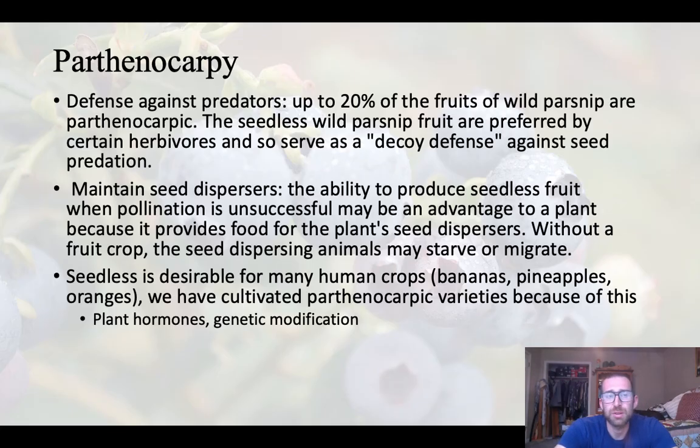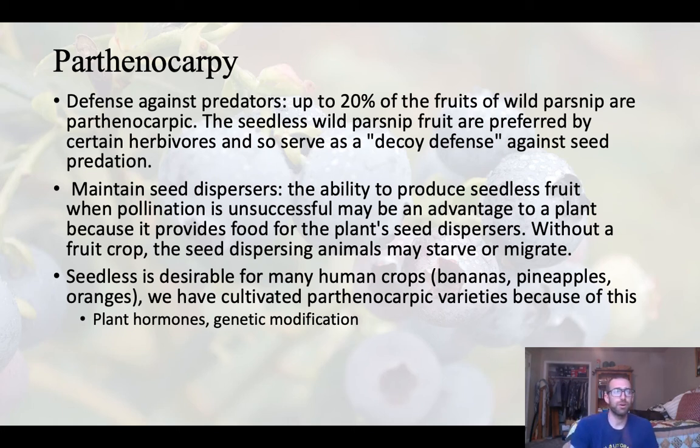Now, why does parthenocarpy exist in nature? One reason is we think it helps defend against predators, right? So in wild parsnip, up to 20% of the fruits are parthenocarpic. So these are seedless fruits, and they kind of act as a decoy against seed predators, right?